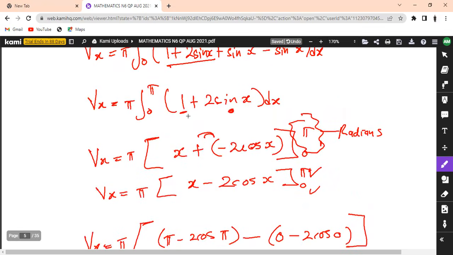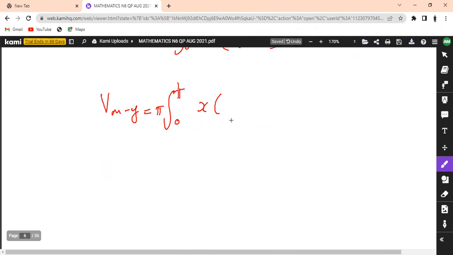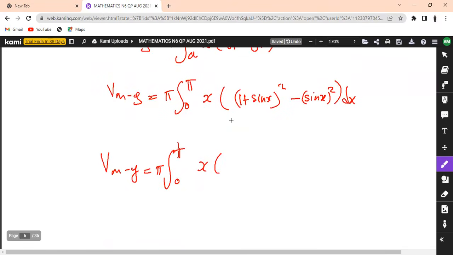We ended up with 1 plus sine 2x. If you cross check here, 1 plus sine 2x. So let's just write that stage. That is what we know we are going to obtain here, because this is a repetition. So we ended up with 1 plus 2 sine x, sorry, 1 plus 2 sine x. This is what we ended up with.